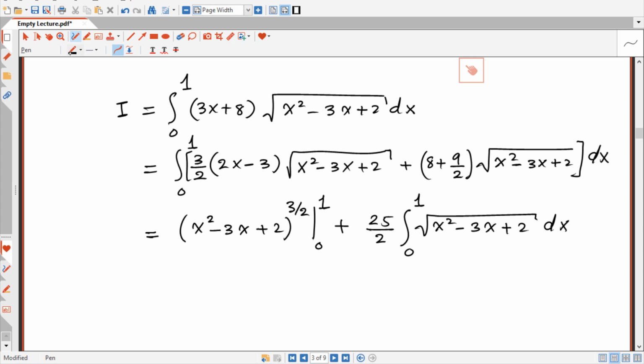I will use the red color here to mark this integral, and I will call this integral without the 25 over 2 as k.